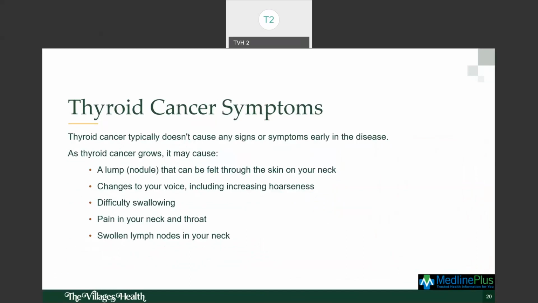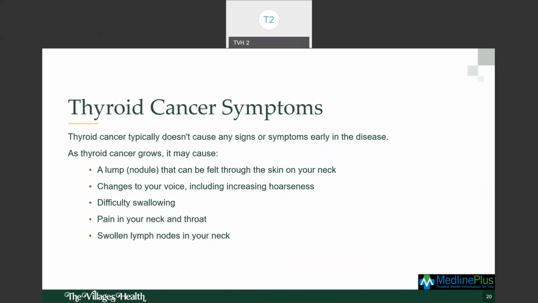May also cause some changes to your voice, like increasing hoarseness. May also cause some difficulty swallowing, because as the cancer continues to grow, it could cause some pressure in your neck area, as well as even some pain in your neck and throat. May also notice that your lymph nodes in your neck become swollen.